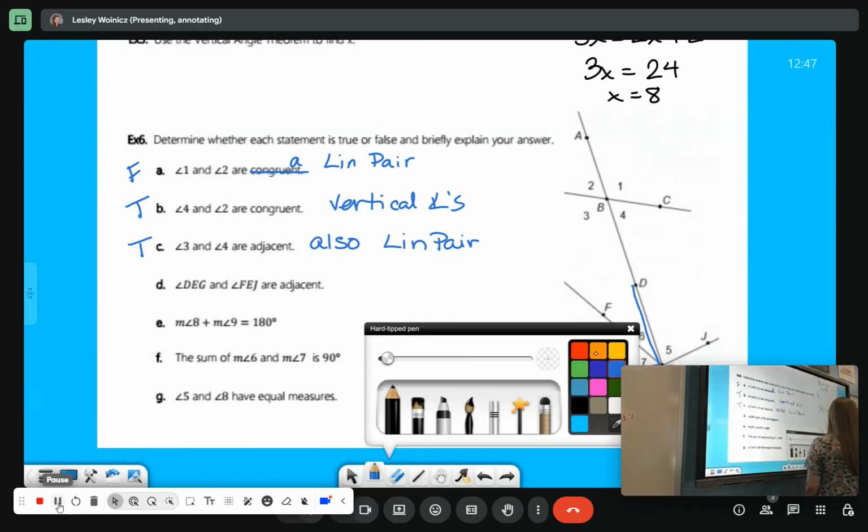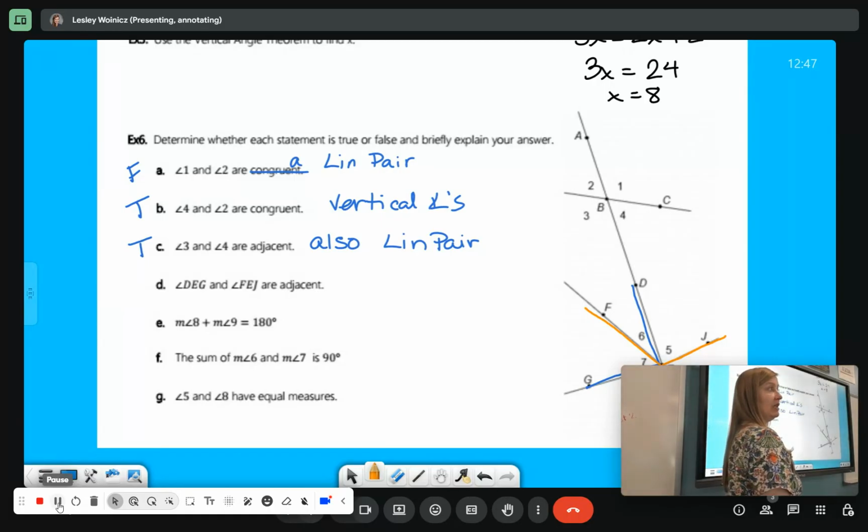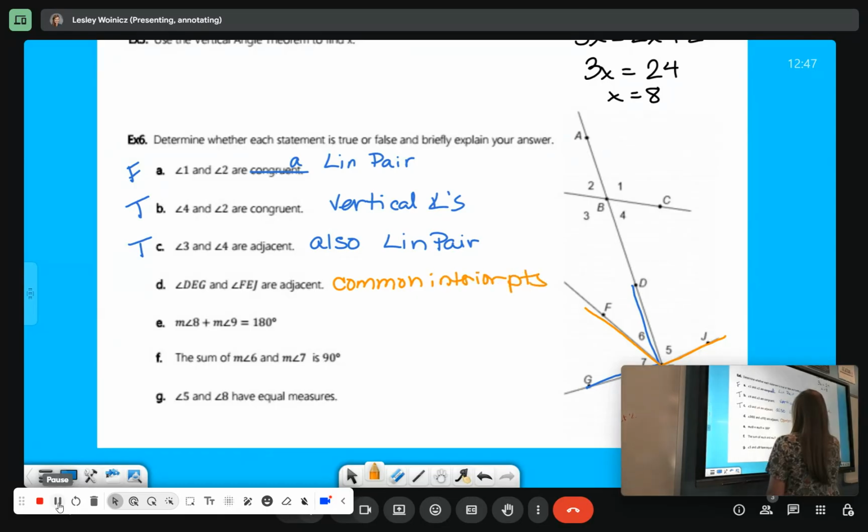What kind of space do they share that is illegal for them to share if they were supposed to be adjacent? They have common interior points. So this was false.